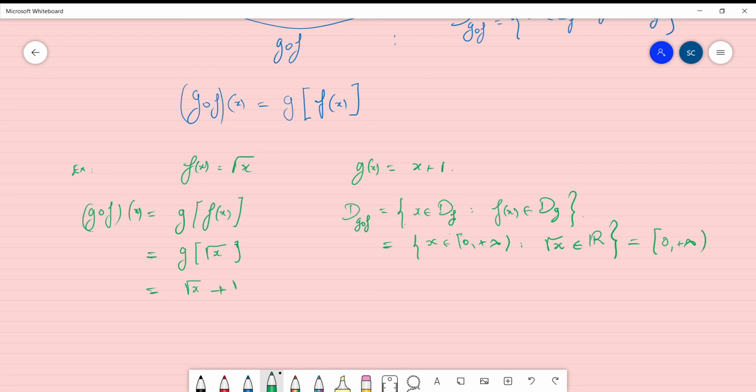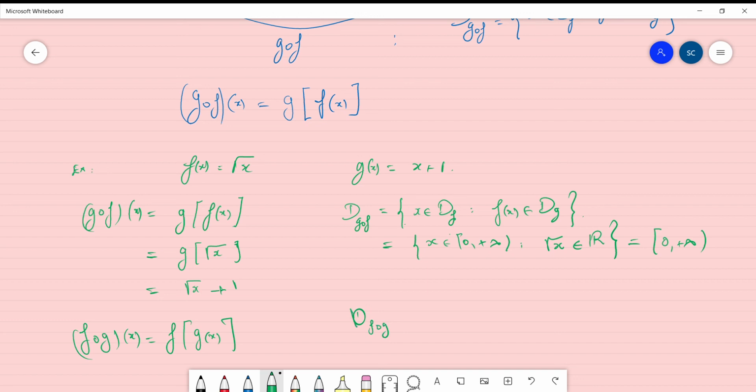Okay, and another last example, f of g of x. This time it's f of g of x. So let's look at the domain of f of g.